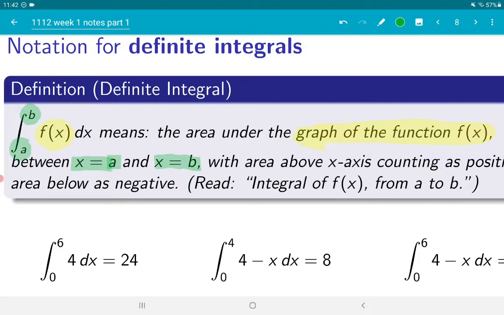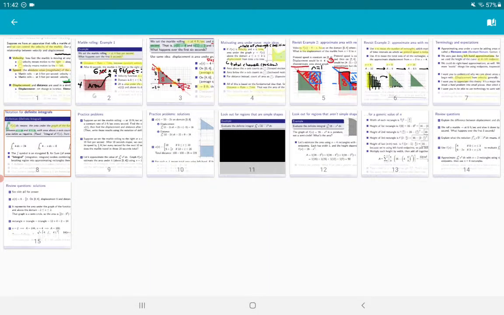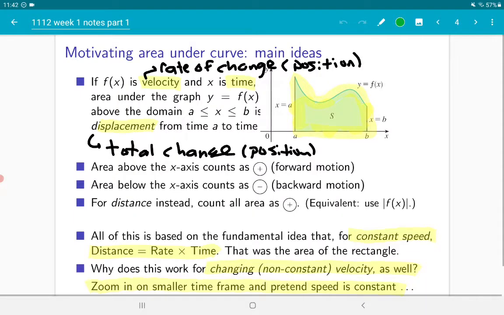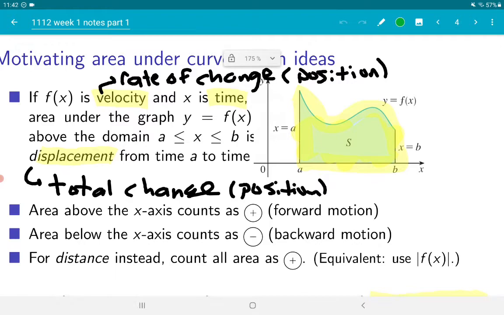So I'm thinking of this like that image we saw on an earlier slide, where I have the graph of some function, and a is the x value on the left, and b is the x value on the right. What we're interested in calculating is this area underneath the curve between those two barriers, between the left and the right sides.